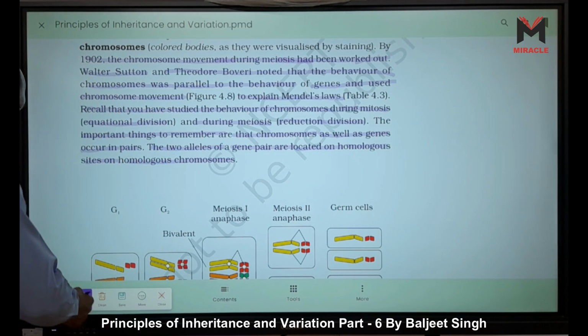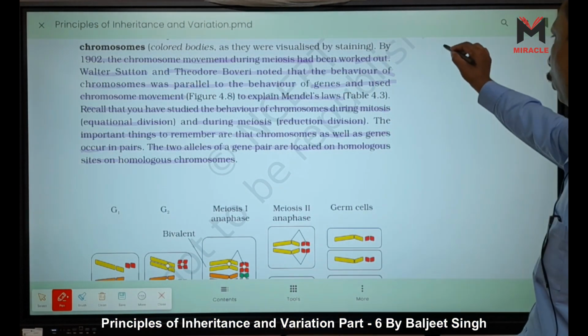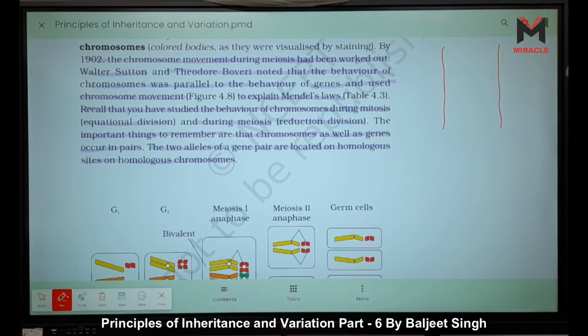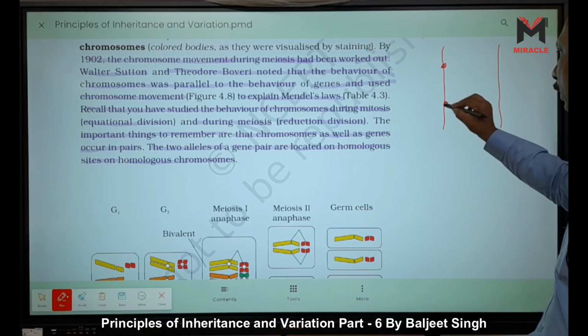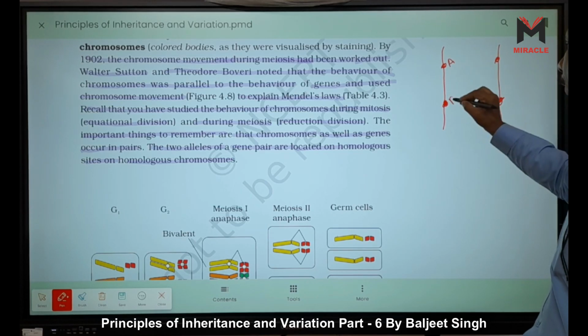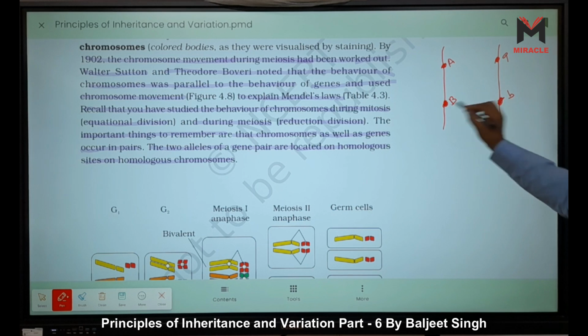So what do we understand by homologous site on homologous chromosome? Look here. Suppose I draw two chromosomes, one chromosome, second chromosome, in linear shape. One gene is there and the other gene is there. A, B, A, B. These are two alleles. One on this side, one on this side, another on this side, another on that side. The same site is called homologous site.